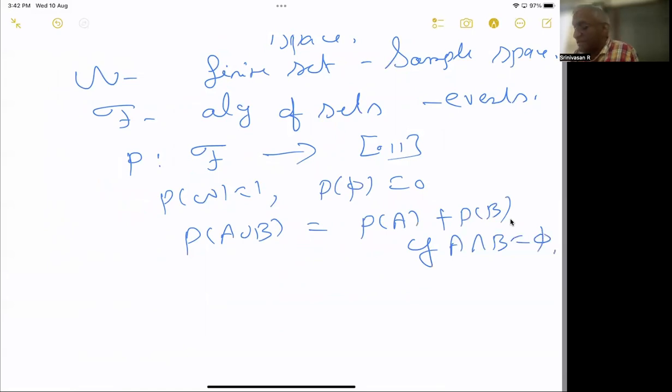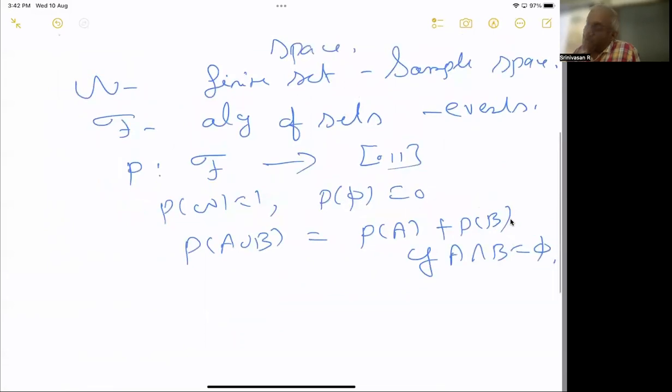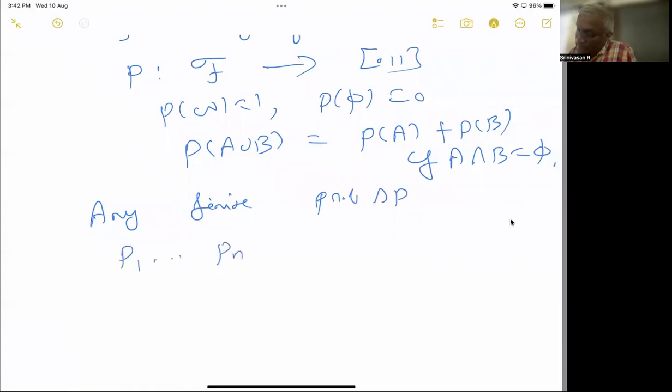If they are disjoint, then it is additive. So this is the classical probability space, and any finite probability space is given by numbers p1, p2 up to pn, which are numbers between 0 and 1, such that the summation of pi equals 1.